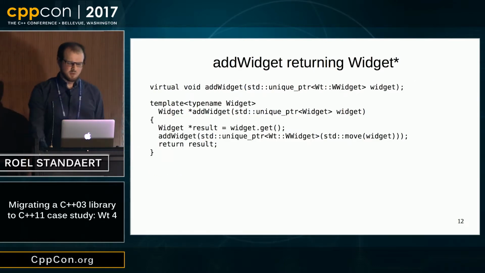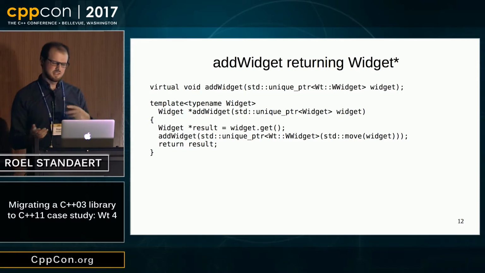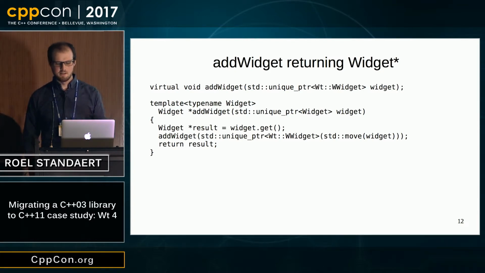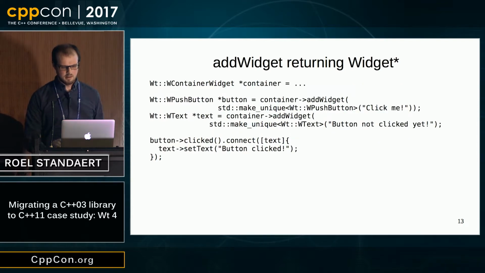Because it was quite a common pattern that we were adding these widgets to the widget tree but then still needed them, we ended up creating templated overloads where you could pass in a specific kind of widget, and it would move that widget, but also keep a raw pointer and return that so that you can still use it. And then the example becomes a bit simpler.